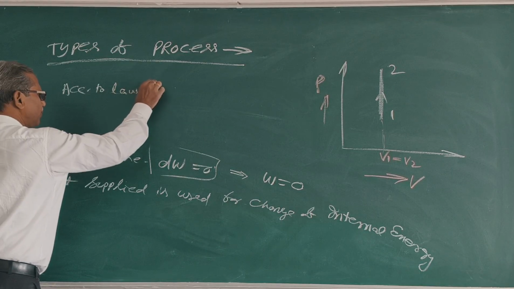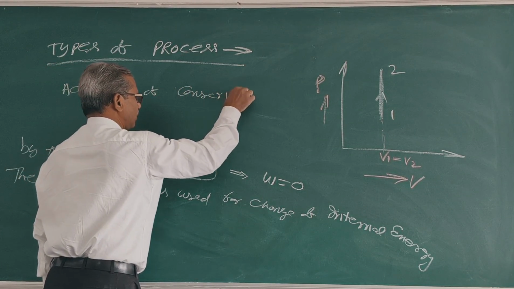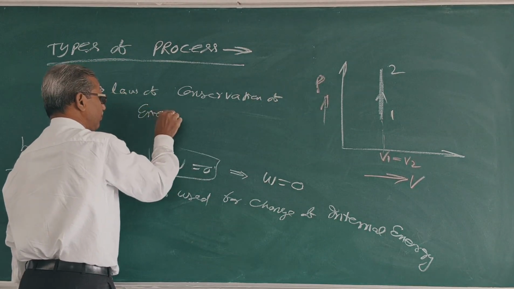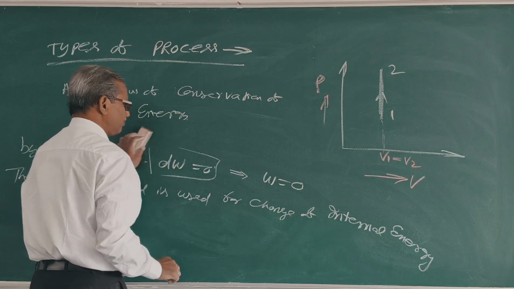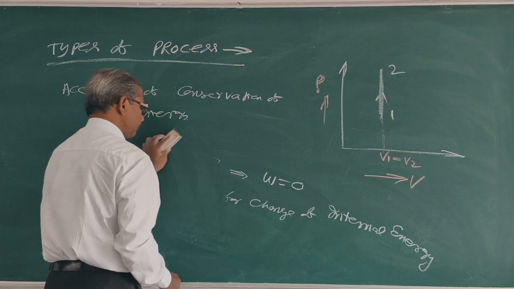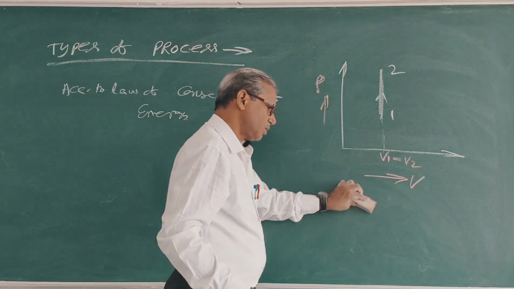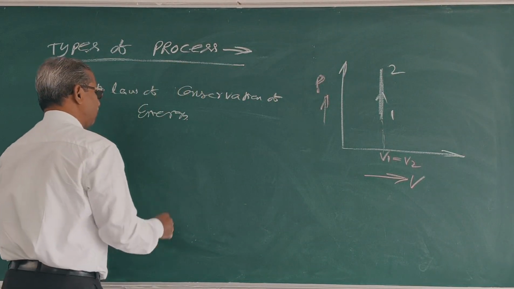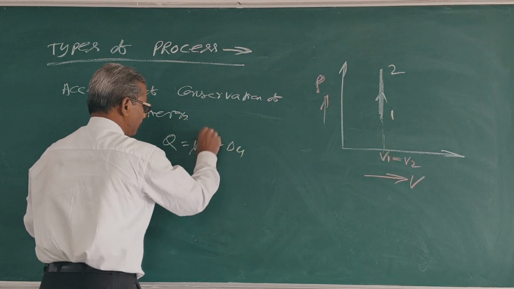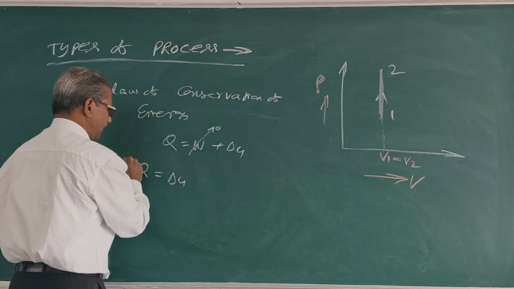According to the law of conservation of energy, Q is equal to delta U, since W is 0.